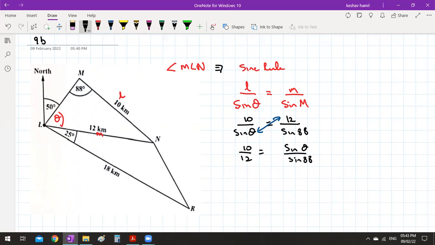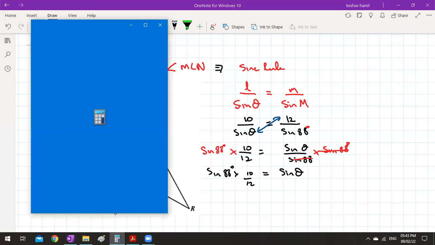Then again, we want the sine theta by itself, so we'll multiply by sine 88 to get rid of the denominator. You'll have to do it on both sides. And don't forget your sine. So this will cancel with this. We'll have sine theta is equal to sine 88 degrees times 10 over 12.